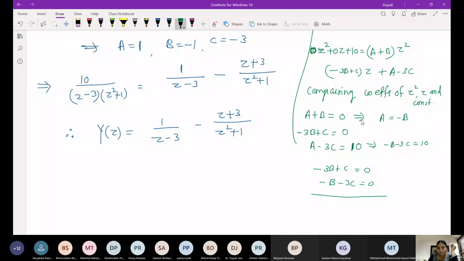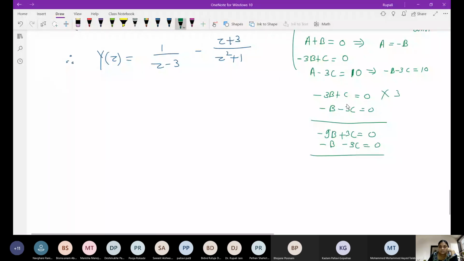I have to multiply the first by 3. So minus 9b plus 3c is equal to 0, and minus b minus 3c is equal to 10.